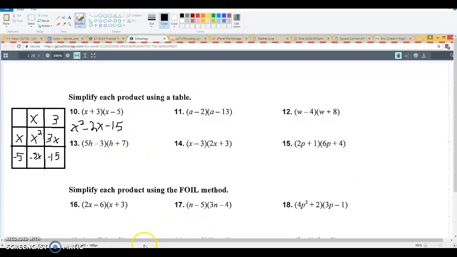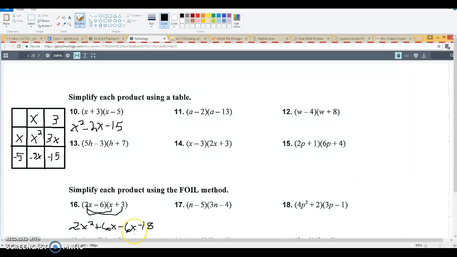Alright, FOIL method. First, 2x squared, outside plus 6x, inside minus 6x, last, minus 6 times 3 is minus 18.